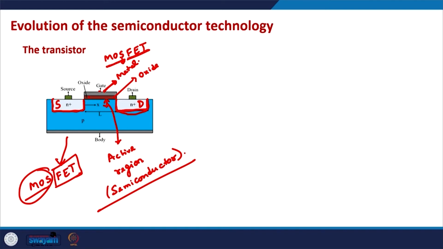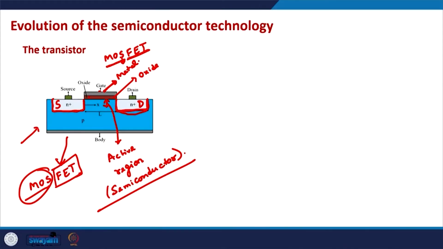The active region, where the current actually flows, is between the source and the drain, and this current can be controlled by the electric field that we produce by applying a voltage on the gate.